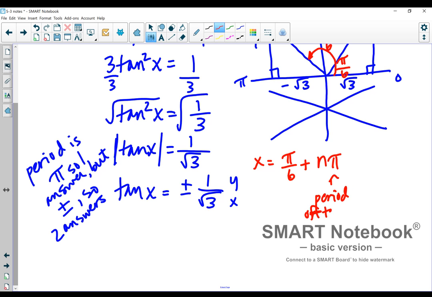On the last one we had cosine and the period was 2 pi. So this time, because it repeats itself every pi units, I just have to add multiples of pi. Or 5 pi over 6 plus n pi.